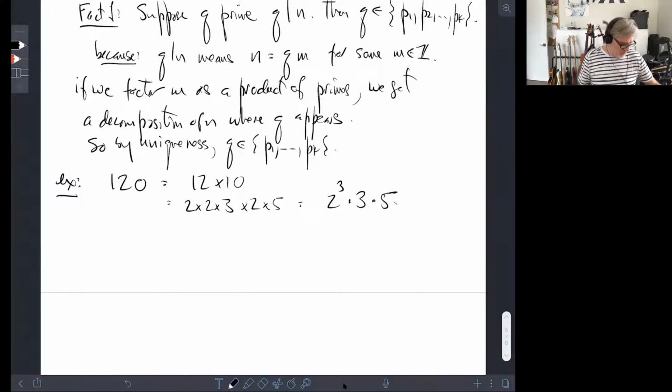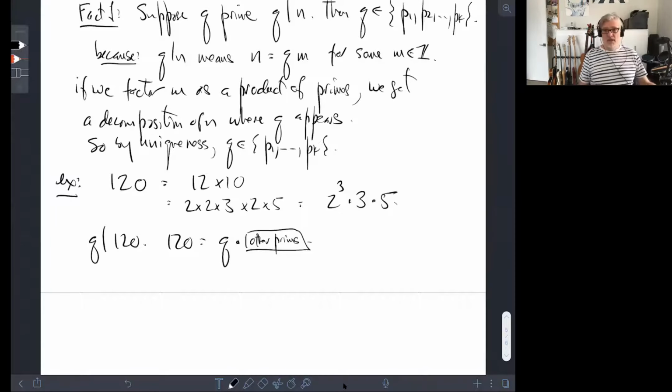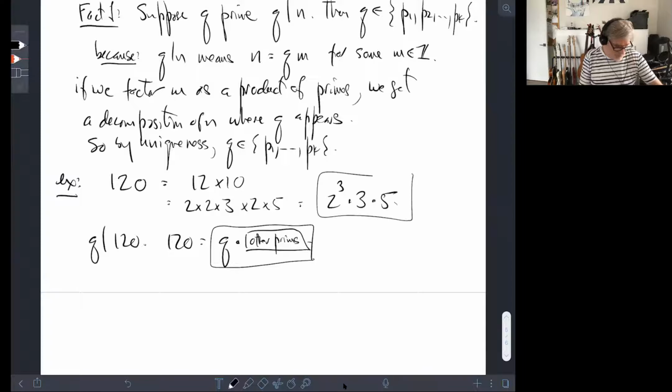Let's say Q divides 120, and Q is a prime. So 120 will be equal to Q times other primes. I can factor everything out into primes. But this must be the same as that. There's no other choice, because the fundamental theorem tells you it's unique. So Q can't be 17 because it's not in that list. It must be 2, 3, or 5.